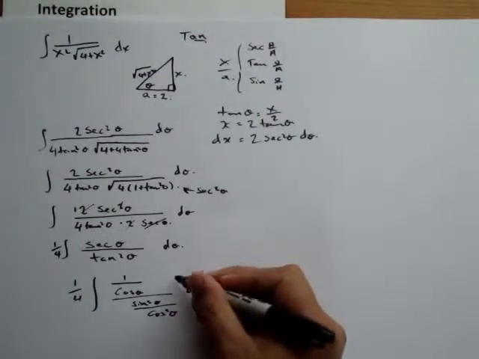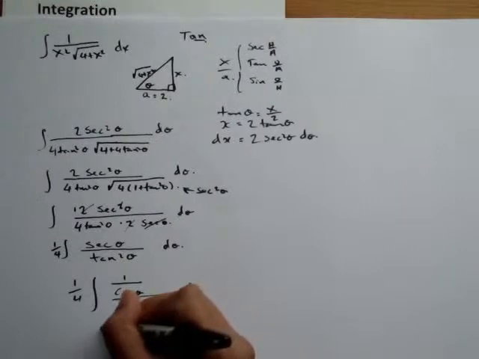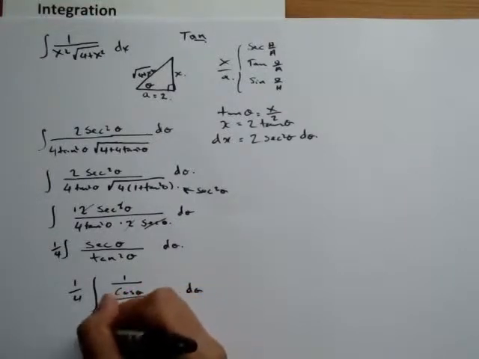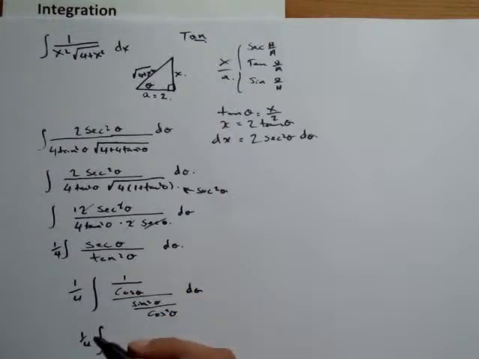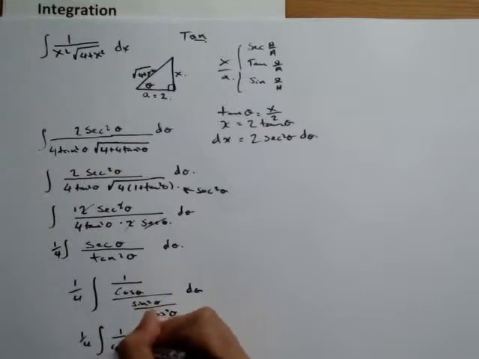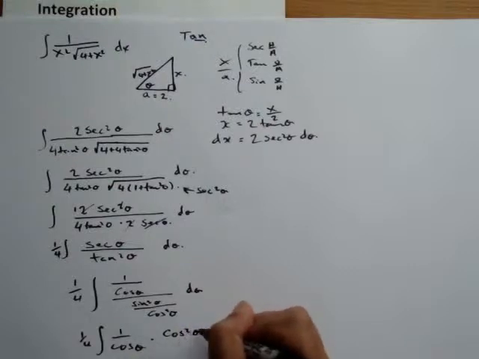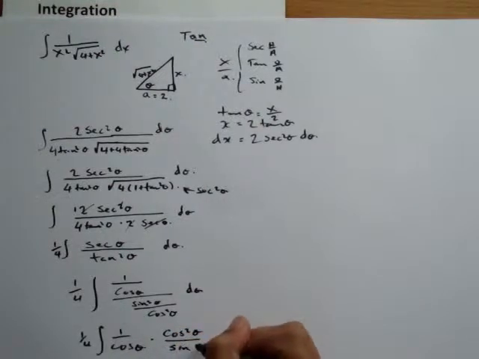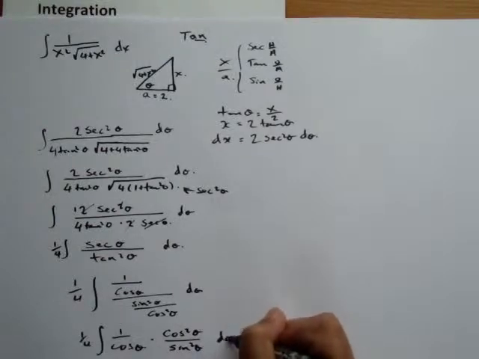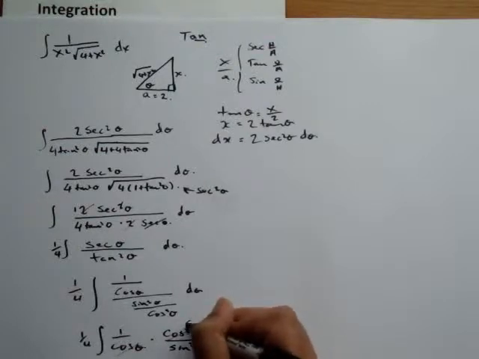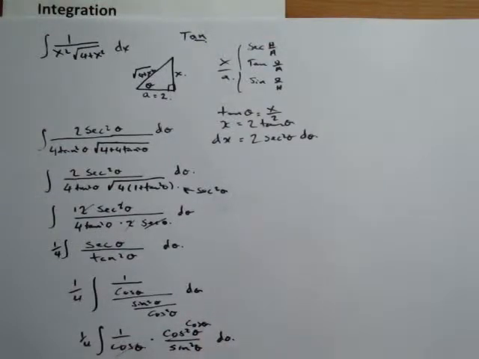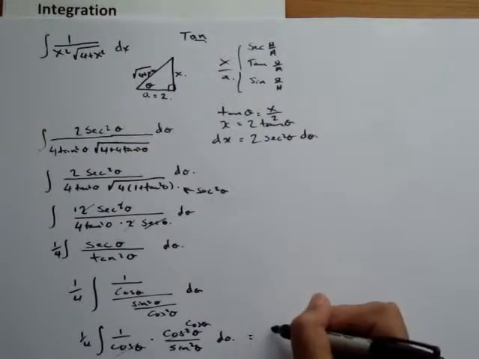When we flip the bottom fraction and bring it to the top, this becomes a quarter integral of 1 over cos theta times cos squared theta over sine squared theta, d theta. One of these will cancel with one of these, leaving cos theta on the top. So this then becomes cos theta over sine squared theta.